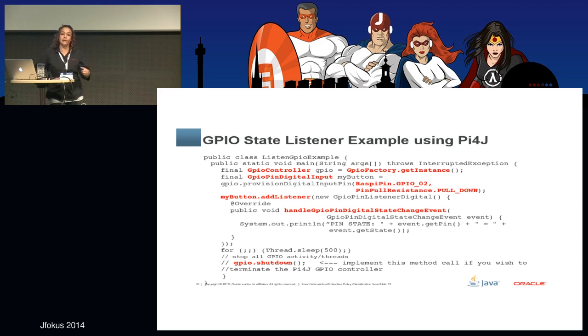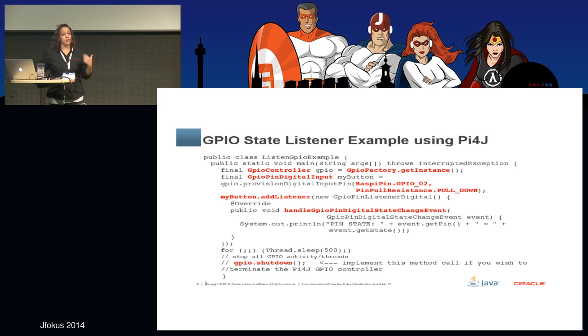If it was an LED, it would be for output. In this case, we have a switch, so it will be for digital input. Very basic information: the GPIO ID, in this case, remember, it was number 2, and how you're going to listen to it. In this case, we're going to have a pull down.